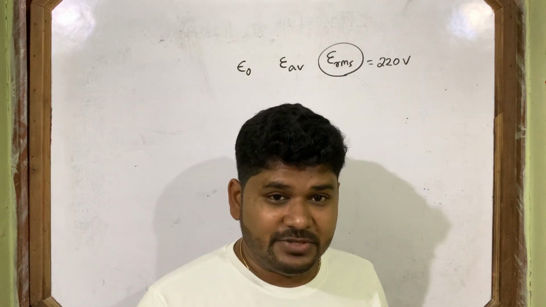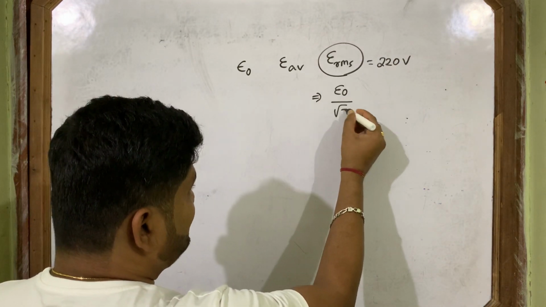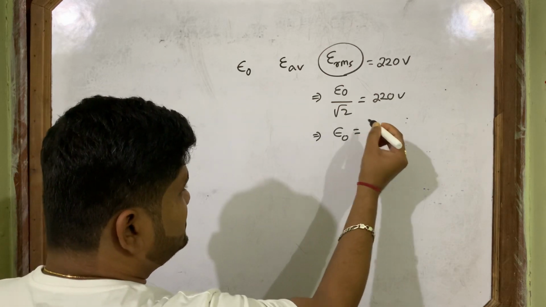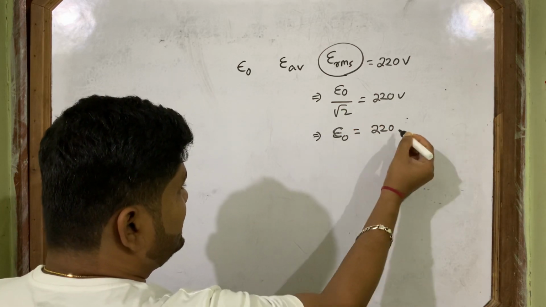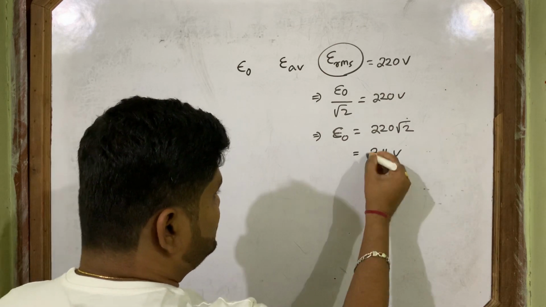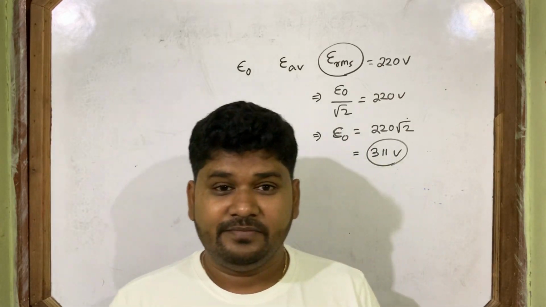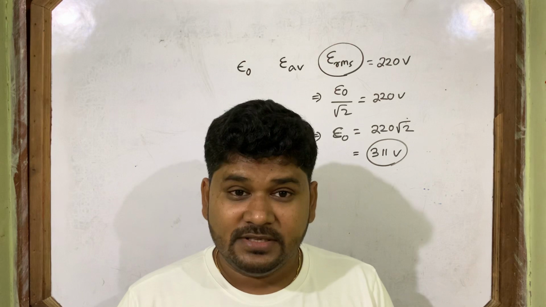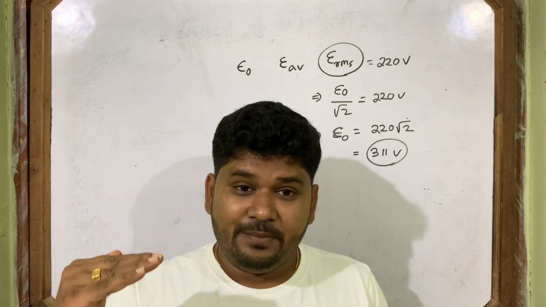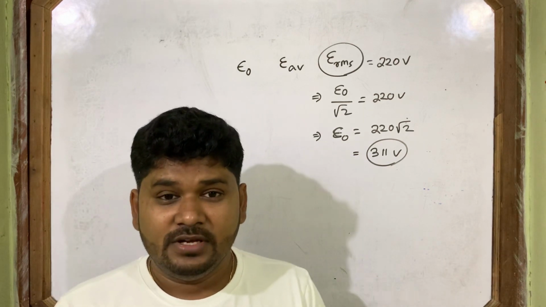ERMS is equal to E naught by root 2, 220 volts. Then E naught is 220 into root 2, which is nearly 311 volt. That means the voltage peak value is 311, so the voltage in our house varies from plus 311 to minus 311.